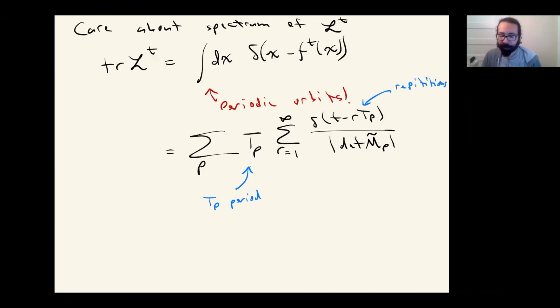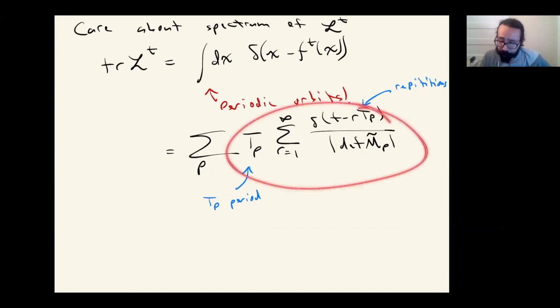And then this determinant: we have a delta function, and determinants often show up with delta functions. This determinant is completely fixed by the local behavior of the flow near these periodic orbits. And so this is an exact expression in terms of all of this data about periodic orbits.